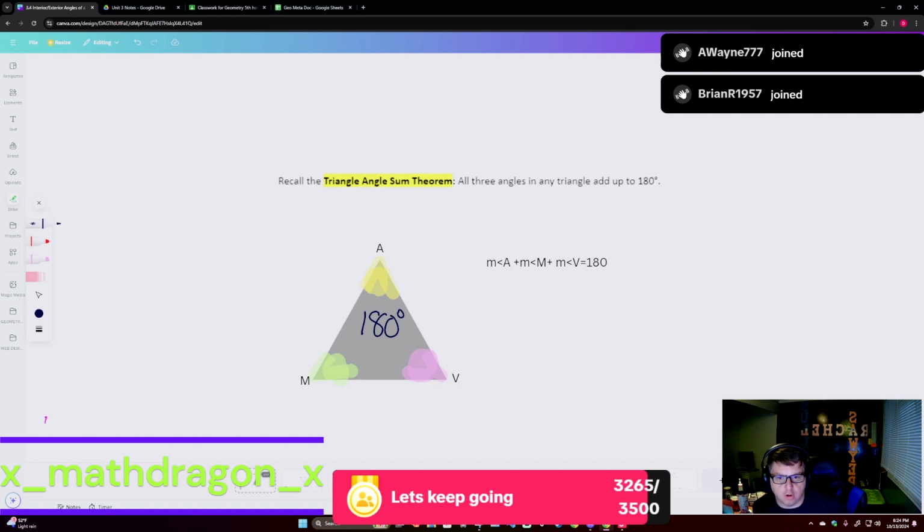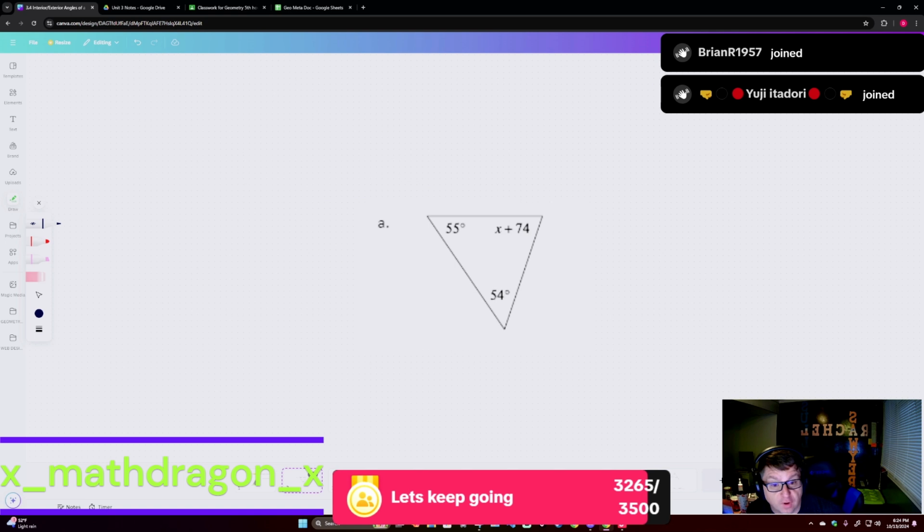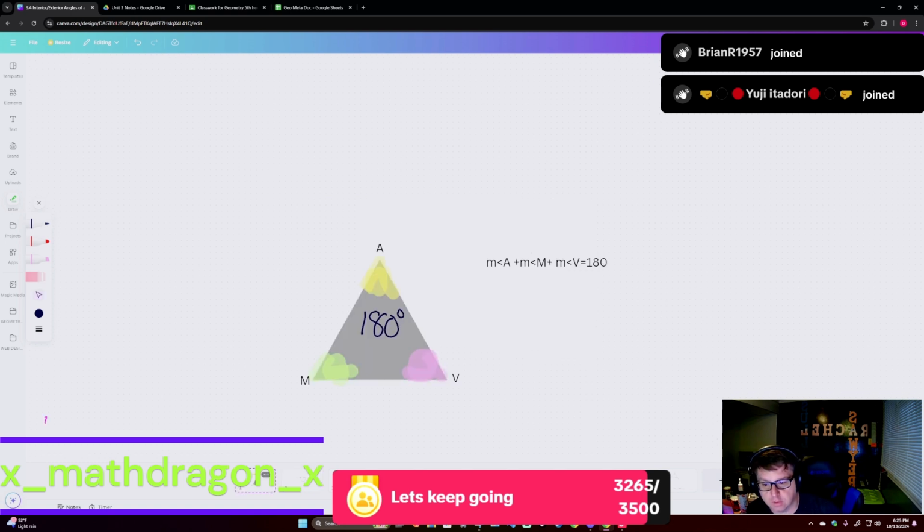So when we know that, we can start to deduce information. So if we have two of the angles, we can find the third angle. If we know some measures, if we know some variables as measures, we can do it as well. So that's what we're going to focus on and work on today.